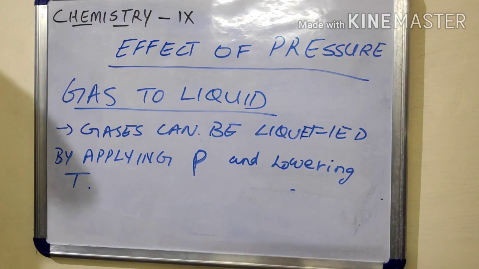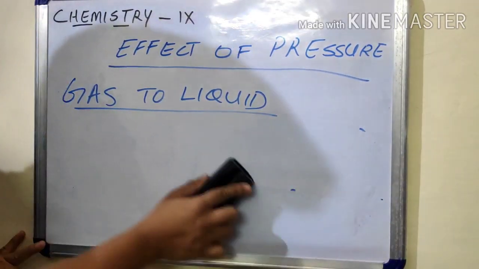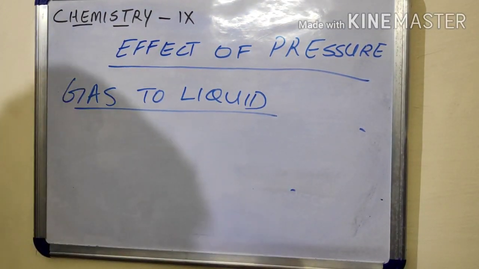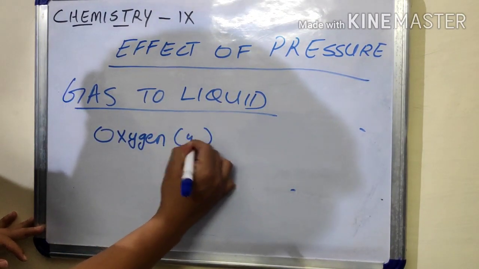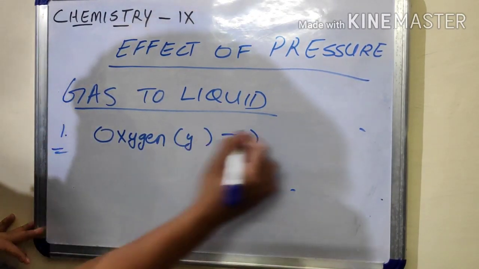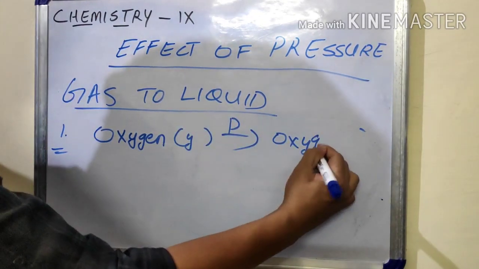Okay, so gases can be liquefied like this, and let us look at some examples. Oxygen gas to oxygen liquid if you apply pressure.